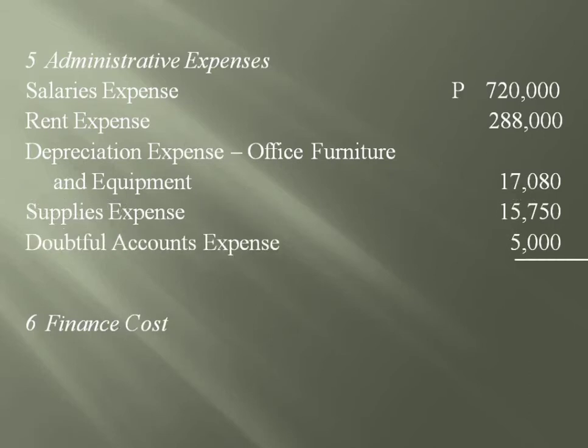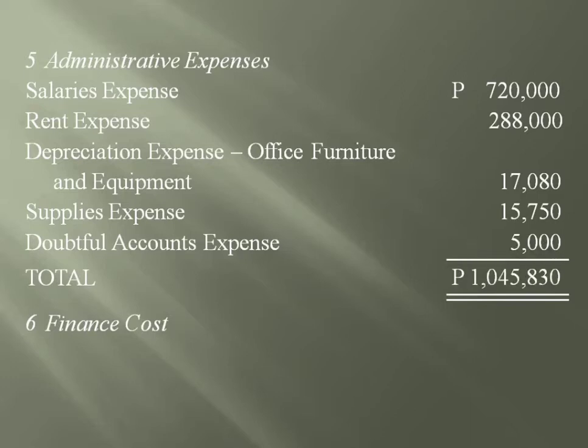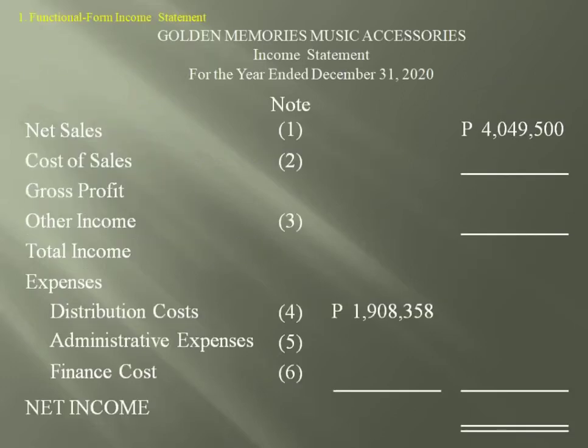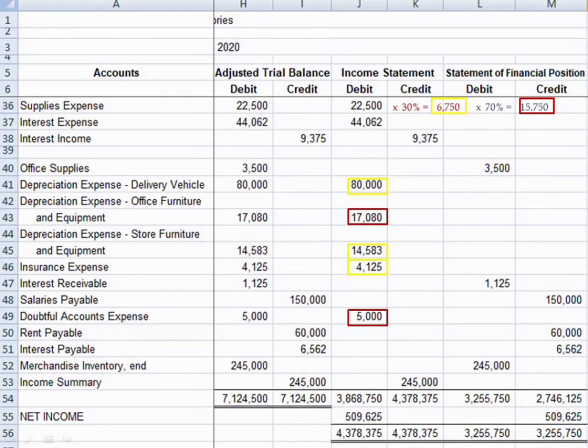For a total of 1,045,830. This amount must then be forwarded to the income statement. Next, we're still on the income statement columns of the worksheet. This one, interest expense, is finance cost, right?